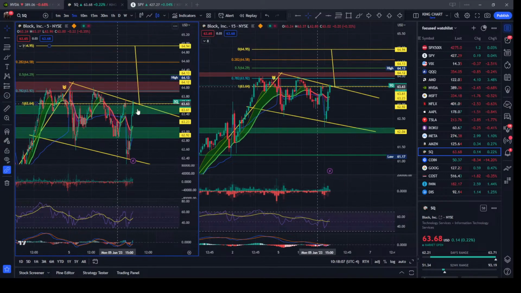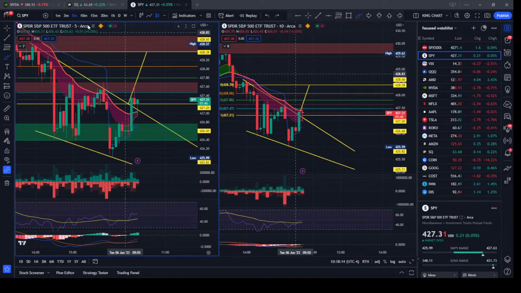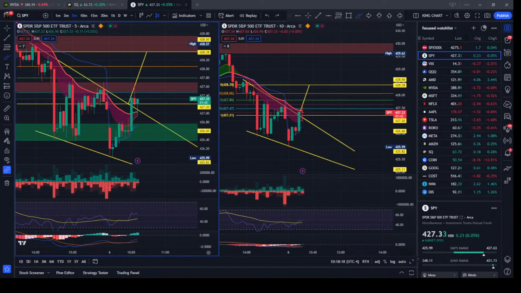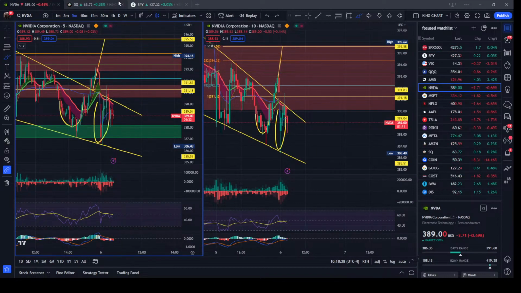Give it one more minute. If within 30 seconds of the candle closing above the trend line, I would grab calls. All right, we're back in the green for SPY 428 calls, 1 DTE.